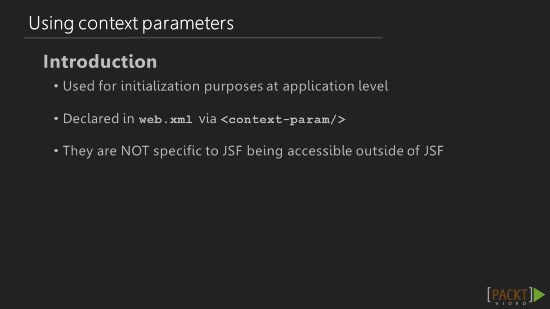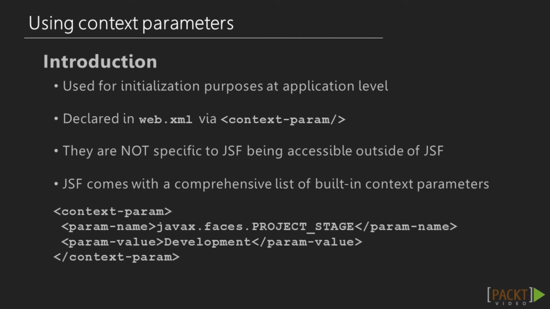value. Also, notice that these kinds of parameters are not specific to JSF, being accessible from outside of JSF, for example, from a servlet. Most of the time, such parameters are used for providing different configurations.